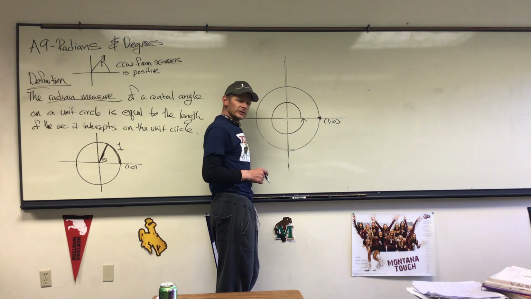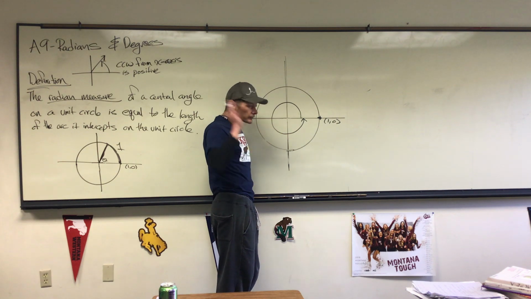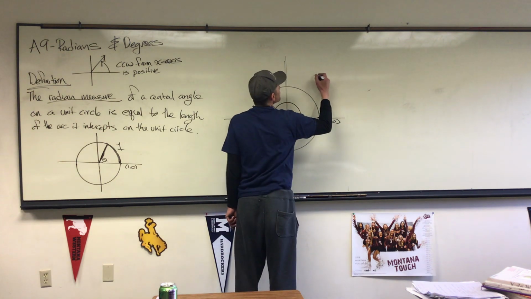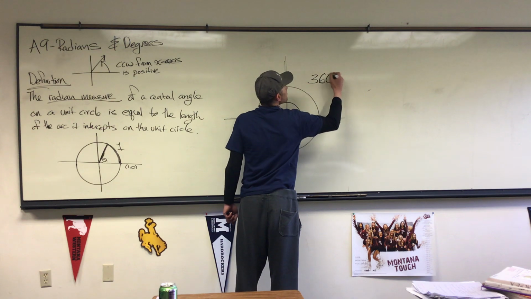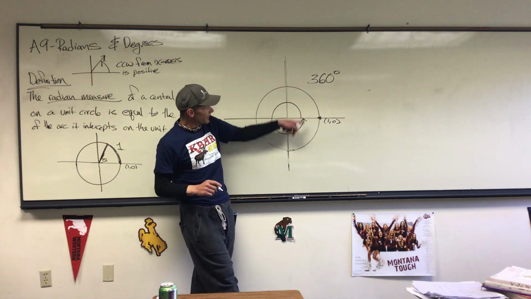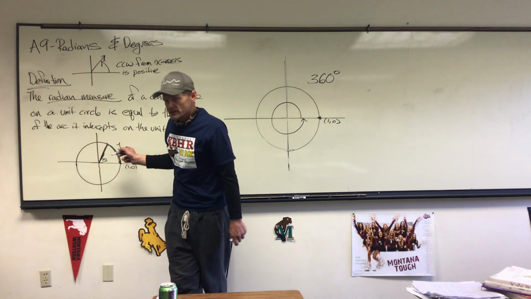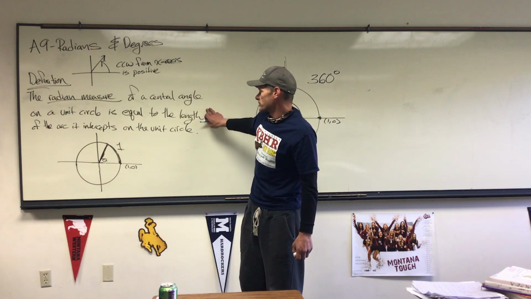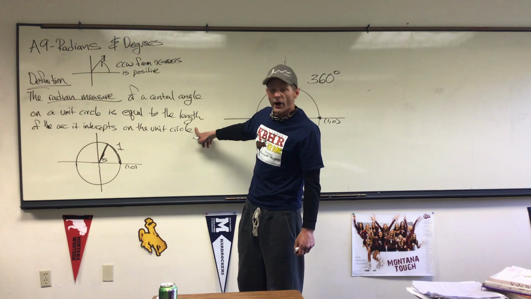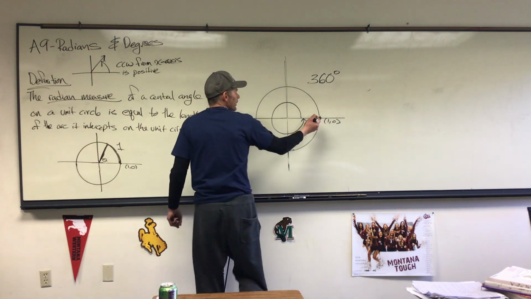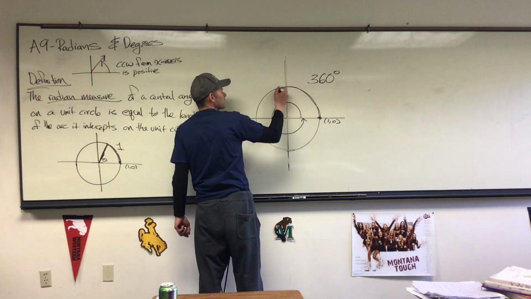How many degrees did we just turn? 360, that's right. We turn 360 degrees, and yet when we go back to this definition, it says the radian measure is equal to the length of the arc it intercepts. So, what is the length of this arc?